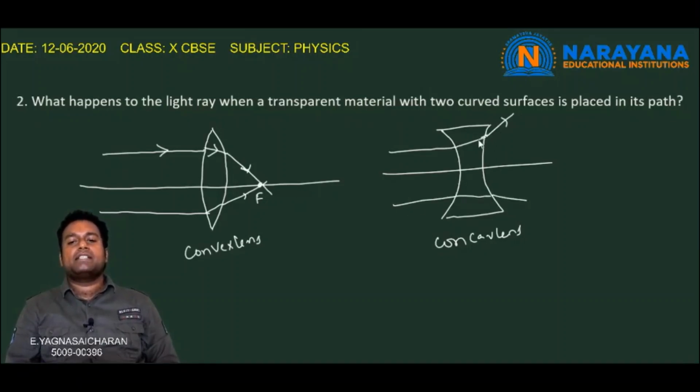These rays appear to diverge from a particular point, and we call this point the focus. So when light falls on a transparent material with two curved surfaces, either converging or diverging of light takes place.